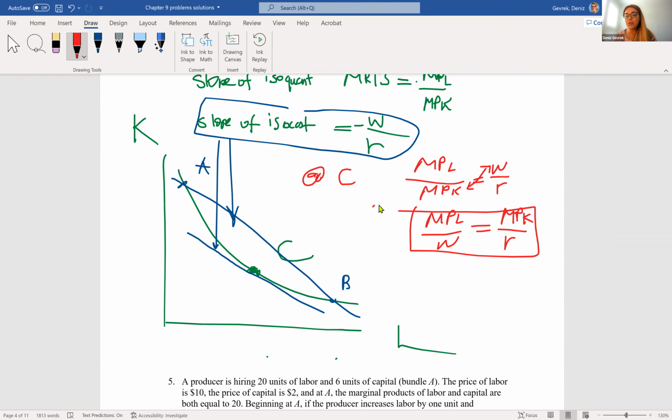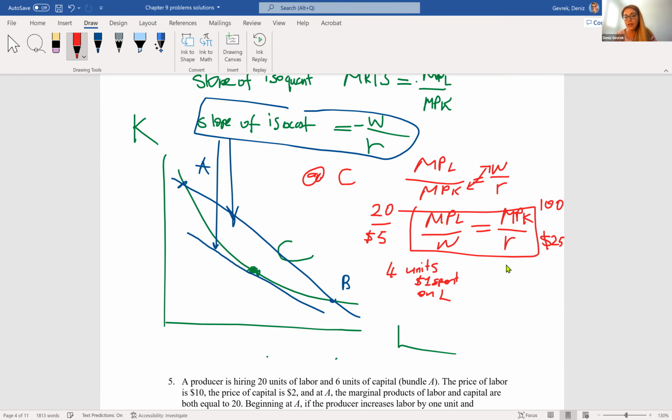So let's say each worker produces 20 and each worker is paid $5. If you divide 20 by 5, you get 4 units per dollar spent on labor. On the other hand, let's say marginal product of capital is, I'm making up numbers, 100, but the rental rate of capital is $25.